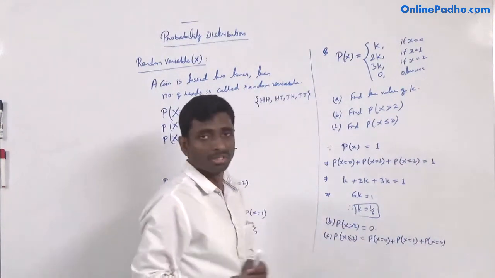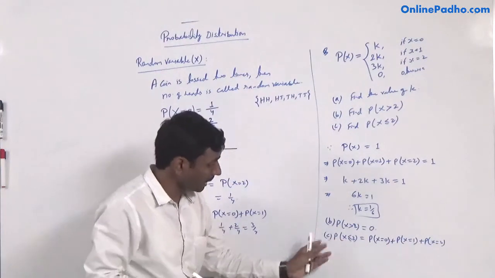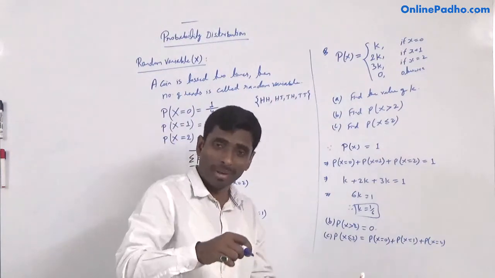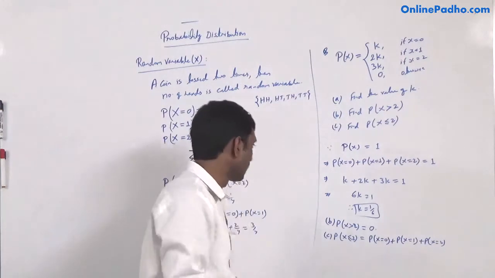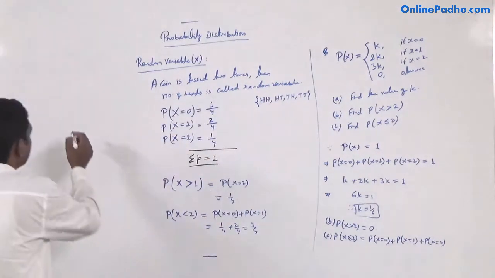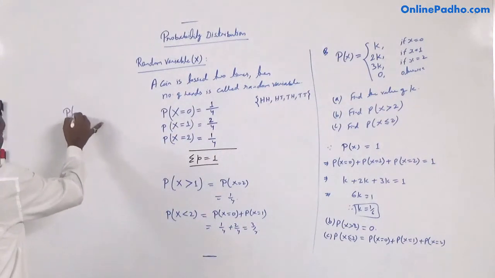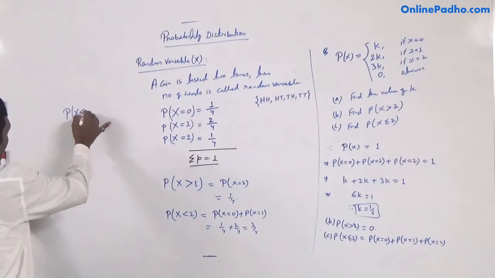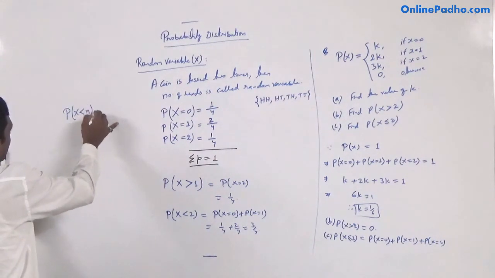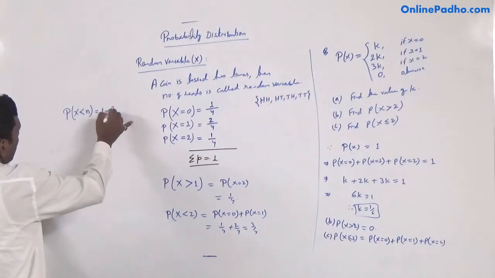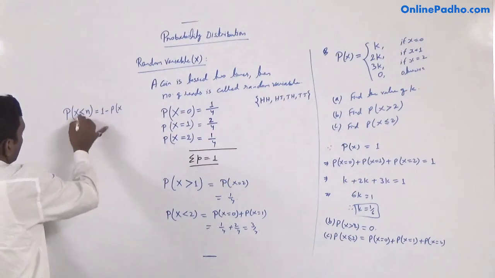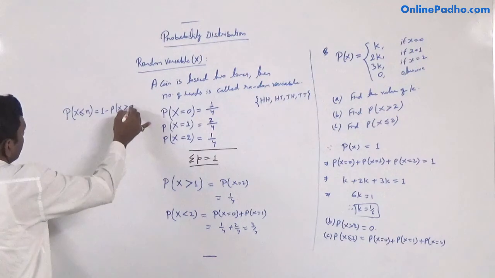But this is a very lengthy method. Otherwise, probability of x less than or equal to 2 can be written as 1 minus probability of x greater than 2. This is a very important formula in this topic. Probability of x less than n can be written as 1 minus probability of x greater than or equal to n.